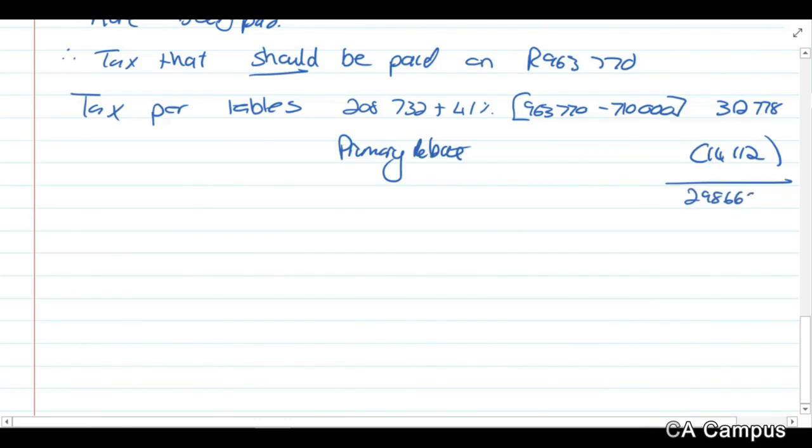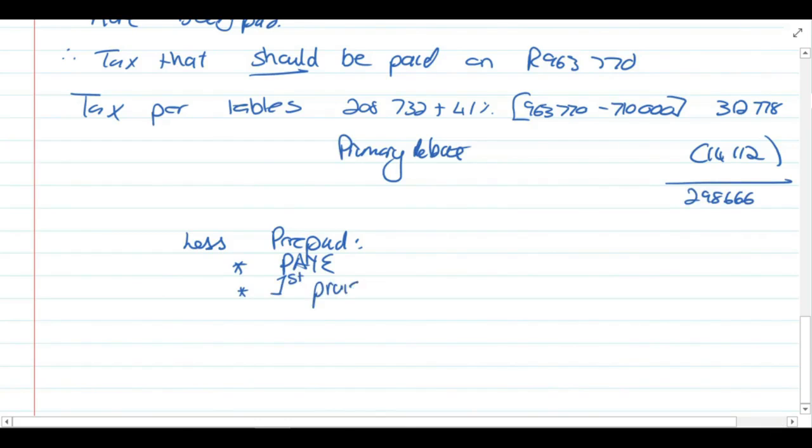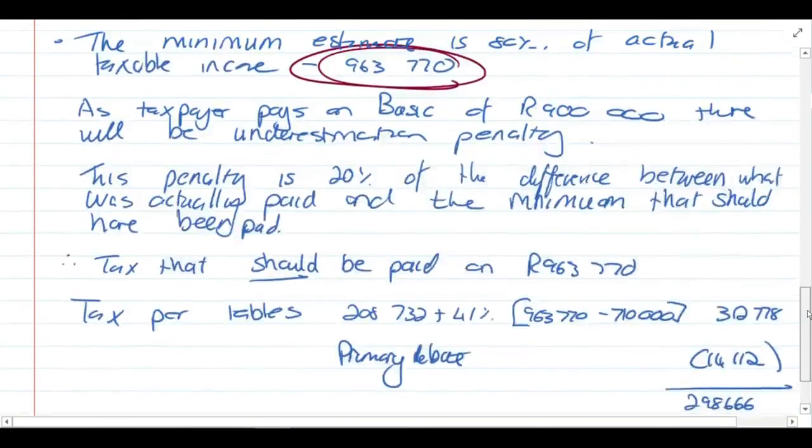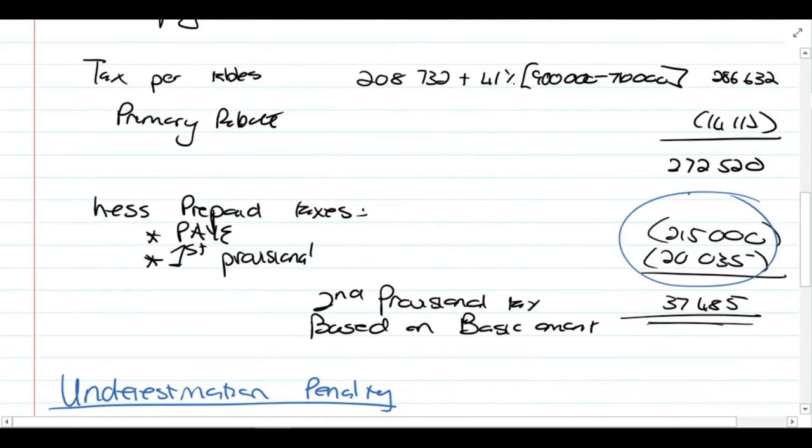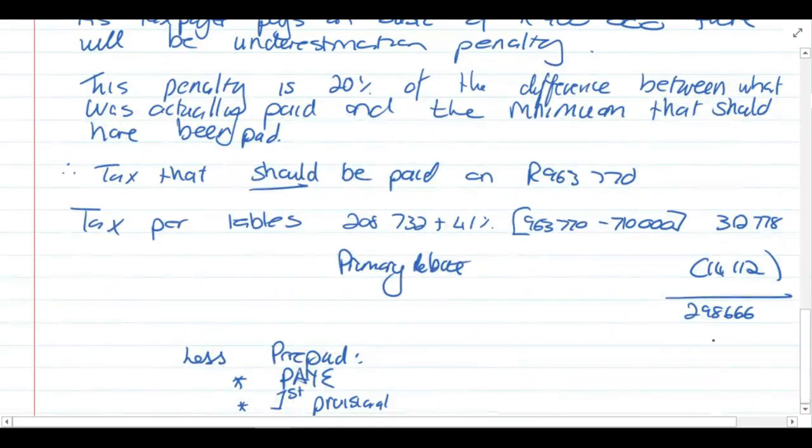Less prepaid taxes. So there's pay as you earn, and there is the first provisional. Remember we used it above, so it's just 215 and 20,035 from the question.